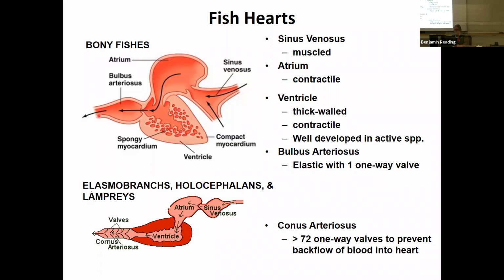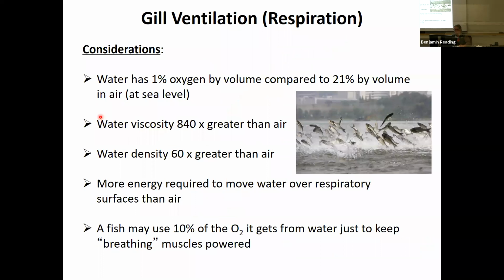So key anatomical difference, but functionally, they're the same. So that's the structures of fish hearts and where they differ. And we also talked then about the hagfish having multiple hearts throughout their body, and so refer to that lecture where we talked about the hagfish hearts.